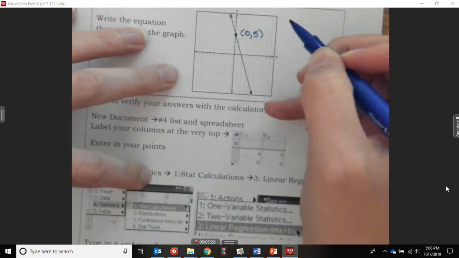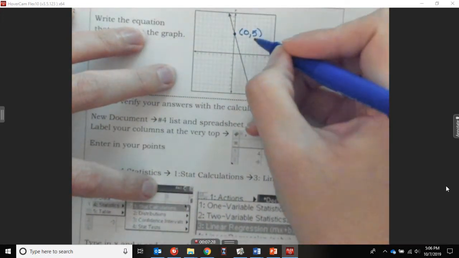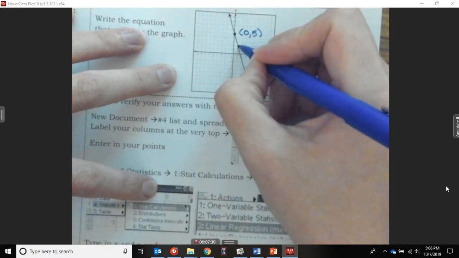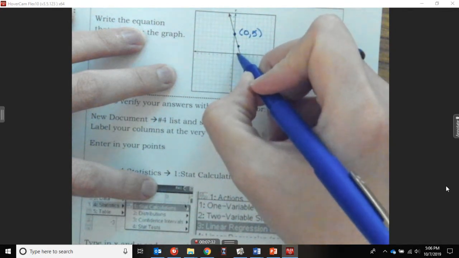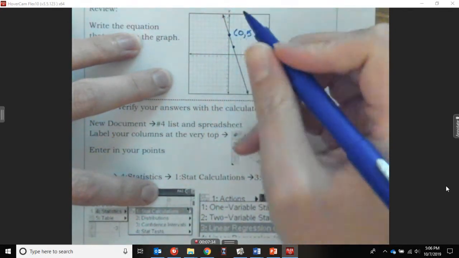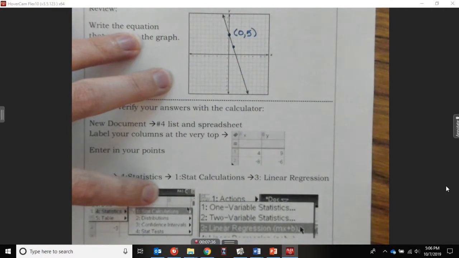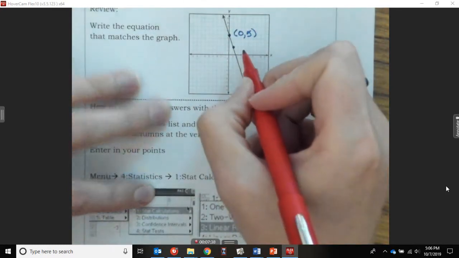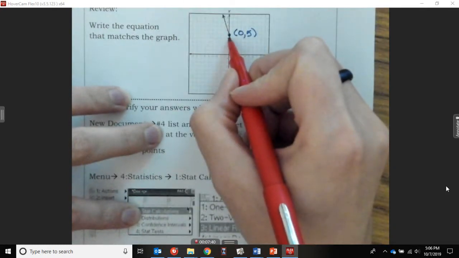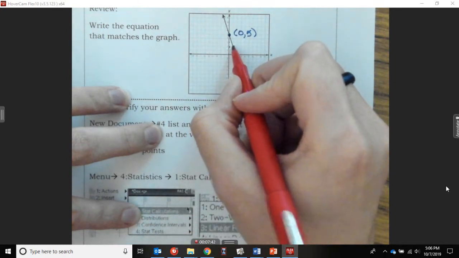And that's my y-intercept. And then in order to find another point, it looks like over 1, up 2 is a good point. Now I can use that to calculate my slope. So this slope is, first of all, negative. So it's going down 1, 2, 3, and then right 1.